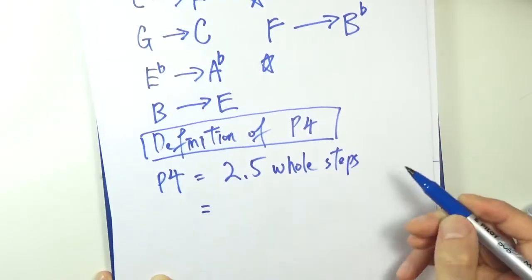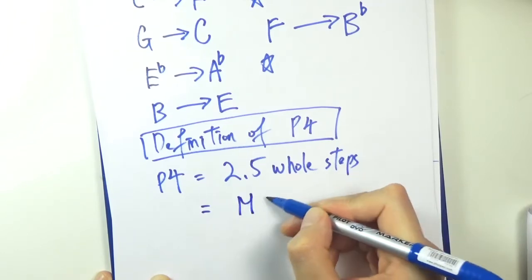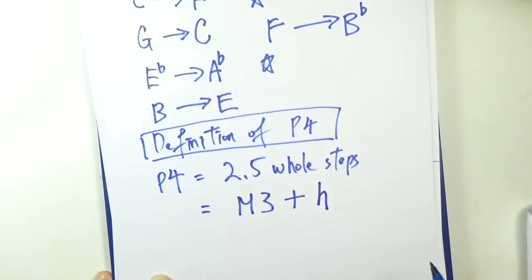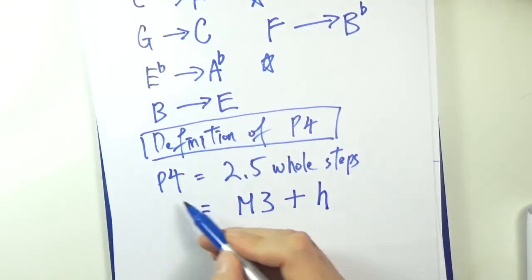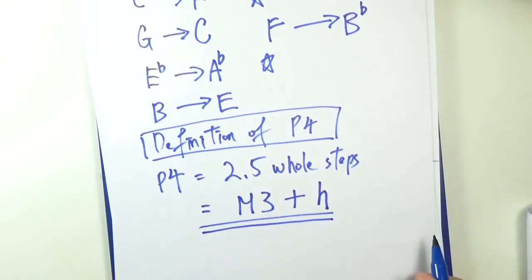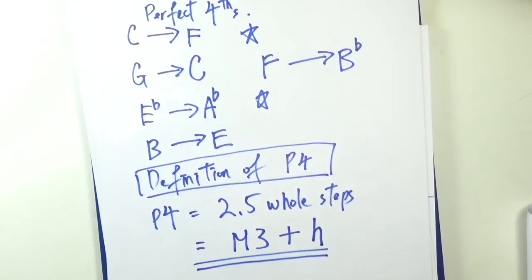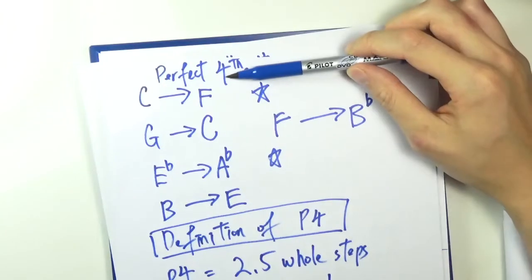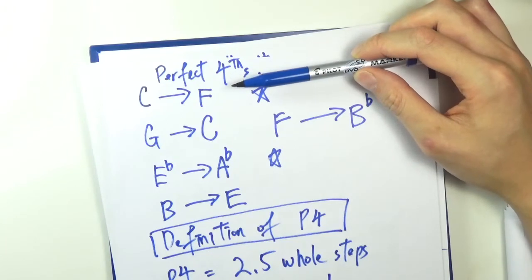Another way to look at it is you can grab a major third and then add another half step here. That's why the major third and perfect fourth are just a half step apart, all right? So that's the definition here, something that I think is worth memorizing. All right. So, but for most of the time, you don't really need to use the formula because perfect fourth is just equal to the quantity.